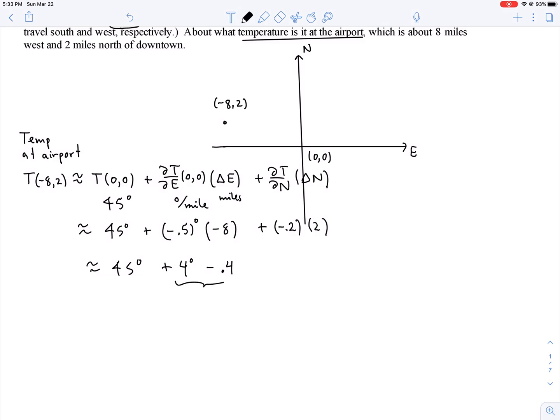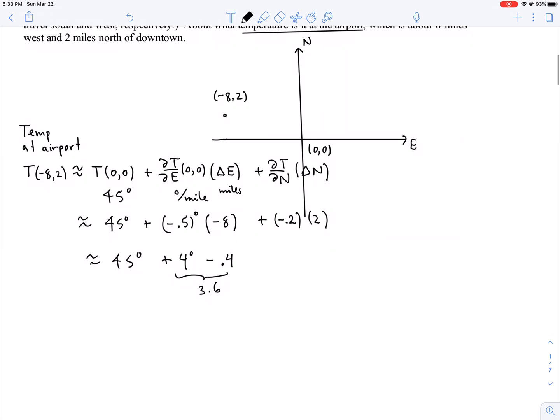So in net, my temperature changed by 3.6 degrees as I went from downtown to the airport. Okay, and so that gives me an answer of 48.6 degrees for the temperature at the airport.